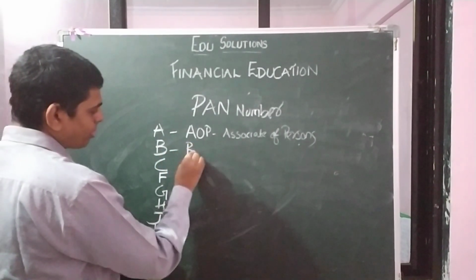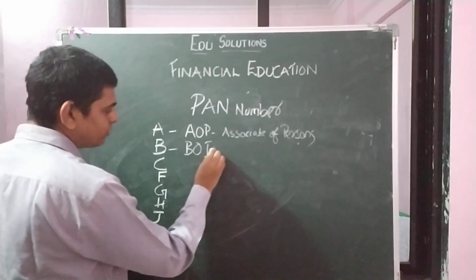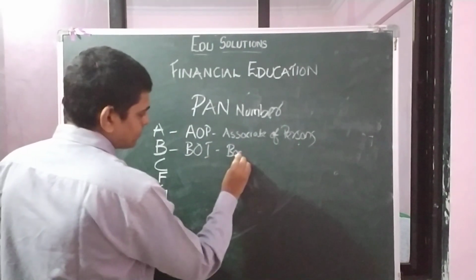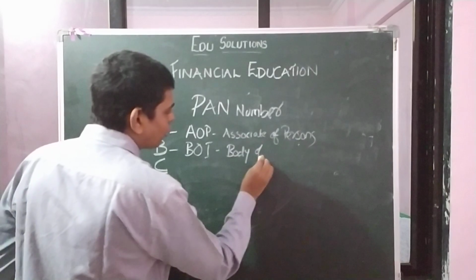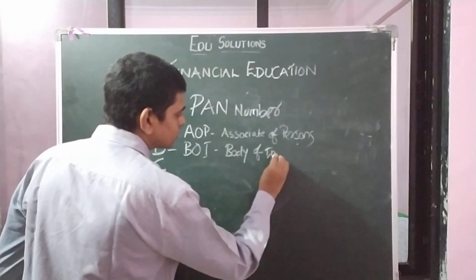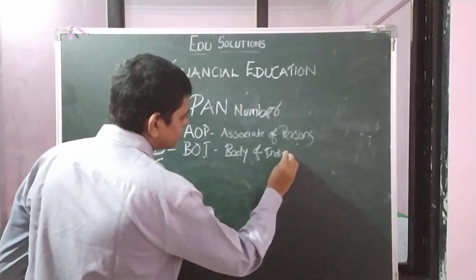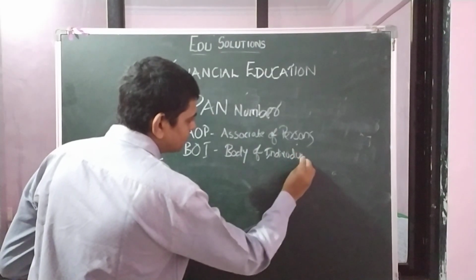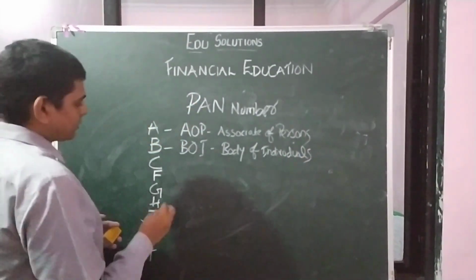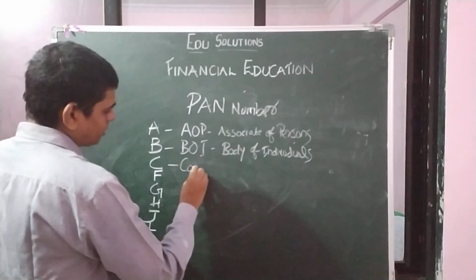Next B, BOI, which is body of individuals. Then C is for company.